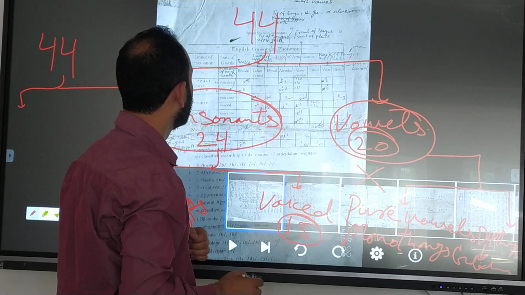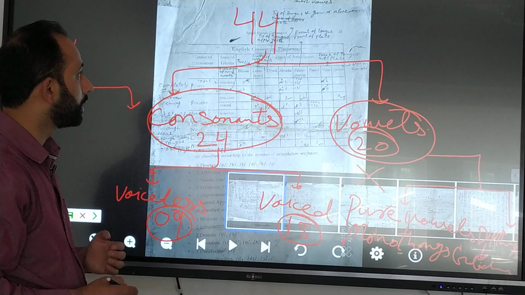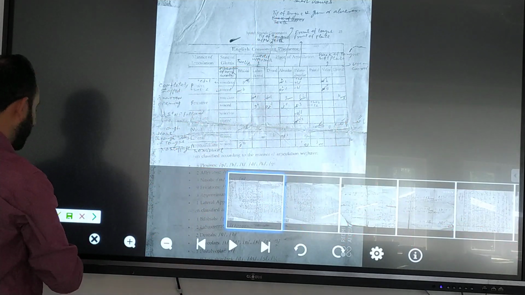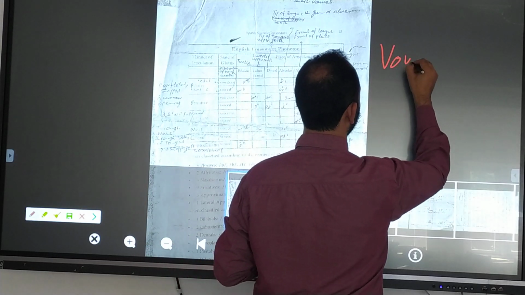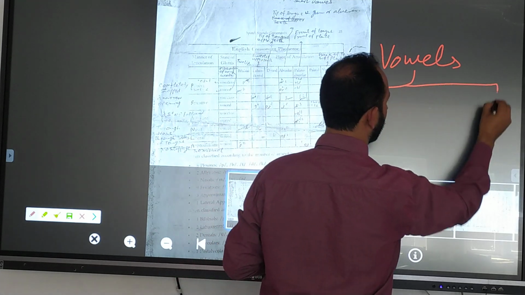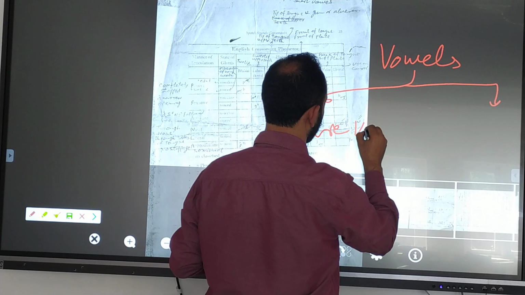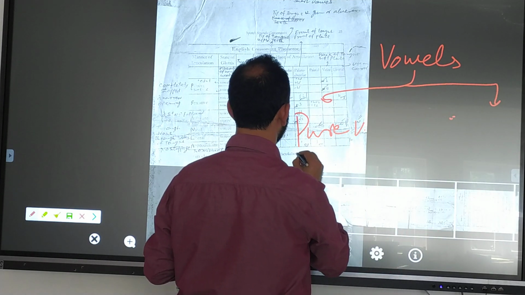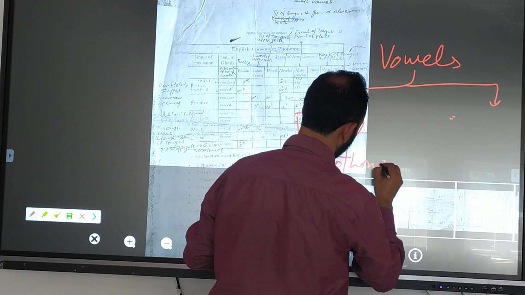You have to remember that vowels are divided into two types: pure vowels, also called monophthongs, and gliding vowels, also called diphthongs.